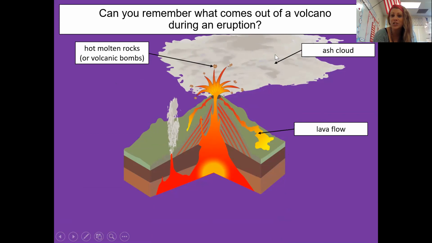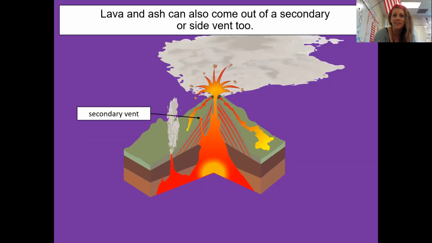That's called the ash cloud. And then over here, first it's magma. And then once it comes out, it's called what? Lava. All right, lava and ash also come out of, remember, that secondary side vent right over here.